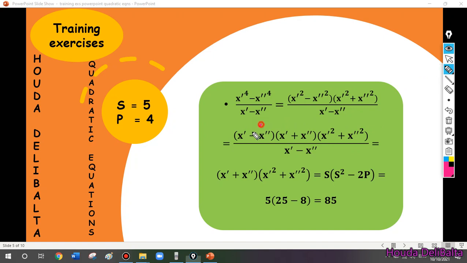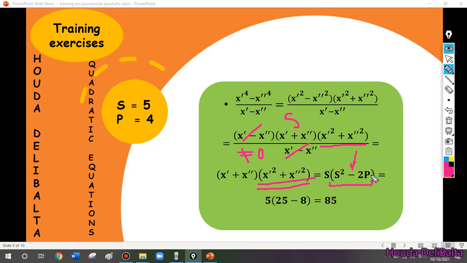Now, I can cancel this with this, and I'm sure that the value I'm canceling is not equal to 0 because they are distinct roots. Then definitely they are not equal, so the difference is never 0. What remains is that one into that one. That's s squared minus 2p, as I just mentioned in the previous slide, and that's s. So we got s into s squared minus 2p. Whenever I see x prime squared plus x double prime squared, it's the rule that says that's equal to s squared minus 2p.